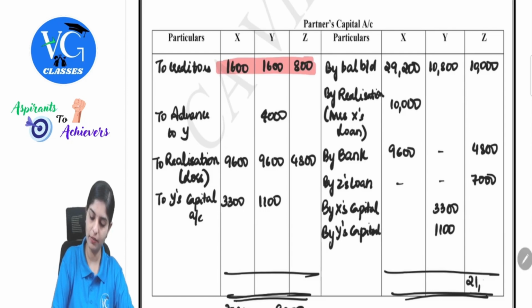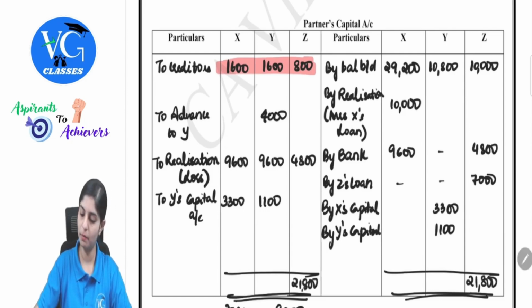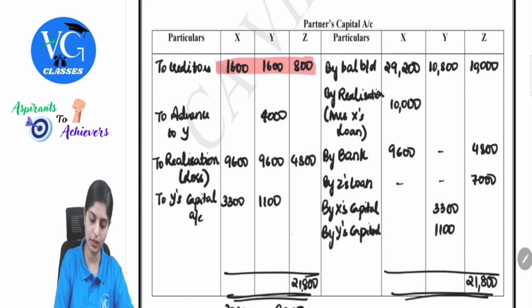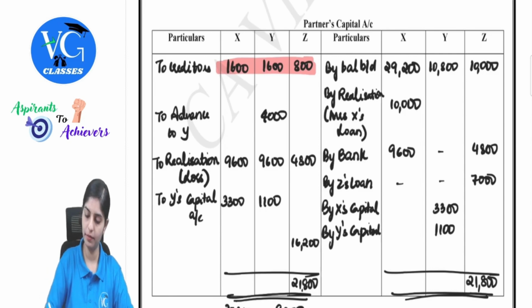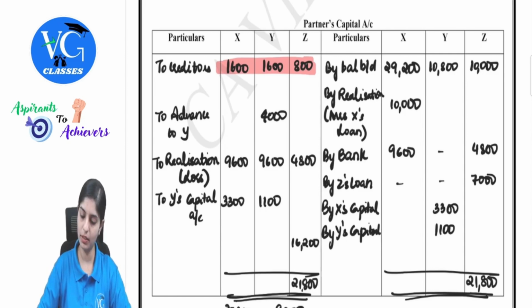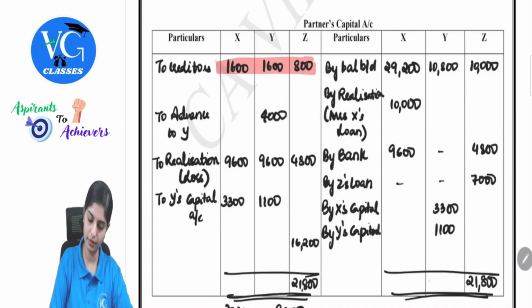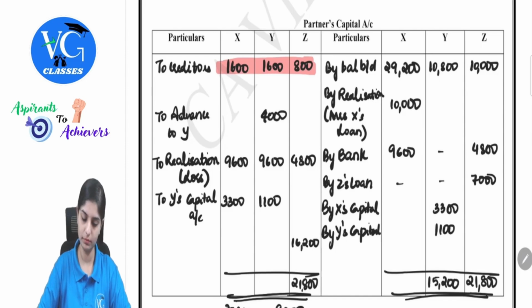So this is 21,800 minus 800 minus 4,800, 16,200. 10,800 plus 3,300, 1,100 minus 1,600, 1,600, 4,000, 9,600, 16,300. 10,800, 3,300, then 1,100, 15,200, 9,600.